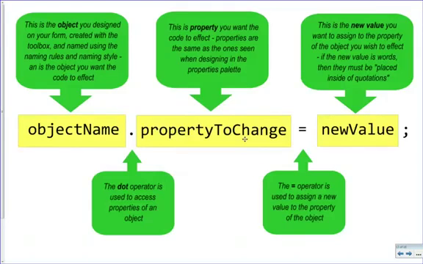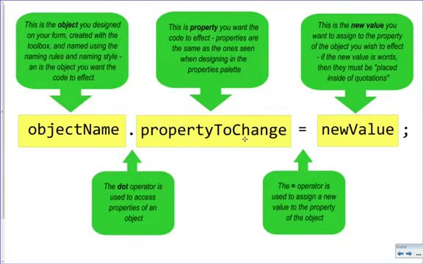Okay? The object is the thing that you designed. And you named it. So you should know what it's called. The dot is just to get at it. The property is the same list you had in the properties window. It changes something about the thing. The equals, or more specifically, the assignment operator, means I'm giving it a new value. And then the new value is whatever you want to change it to.